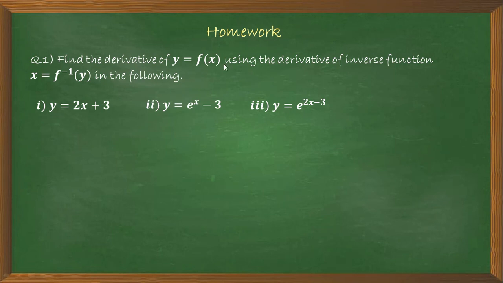Here what is the procedure? Here first of all you have to find out the inverse of this function, means y is equal to 2x plus 3. You have to find out the inverse of this, take the derivative of inverse and then find out the derivative of the given function. Don't take the derivative directly, okay, in each of the three functions.